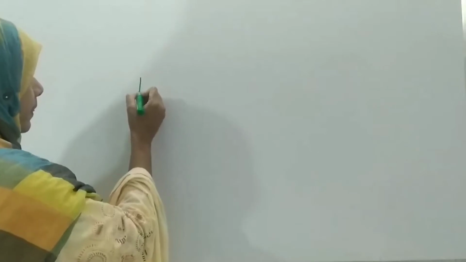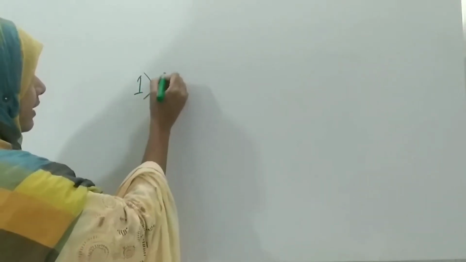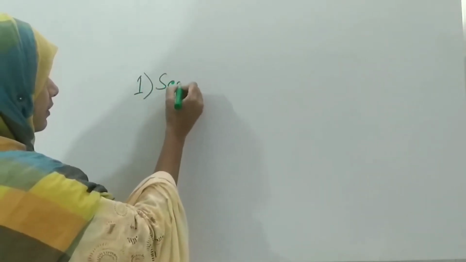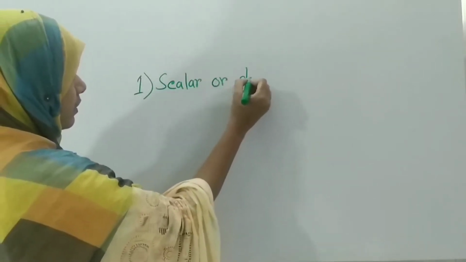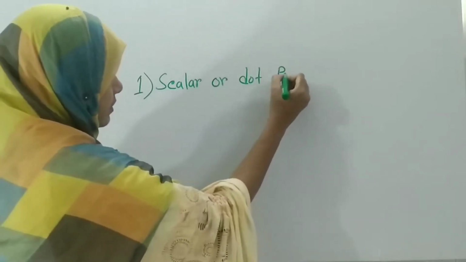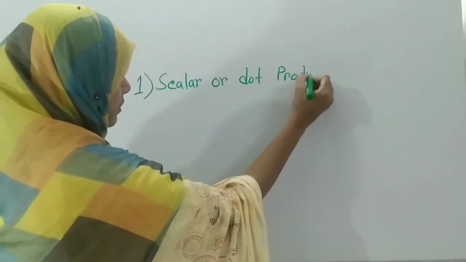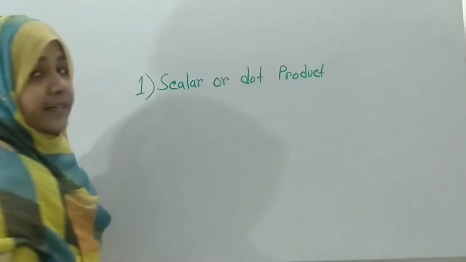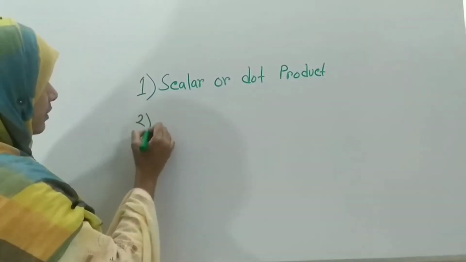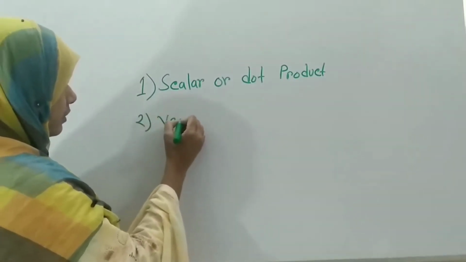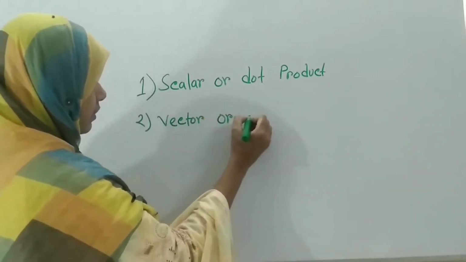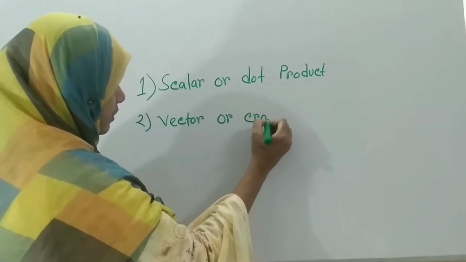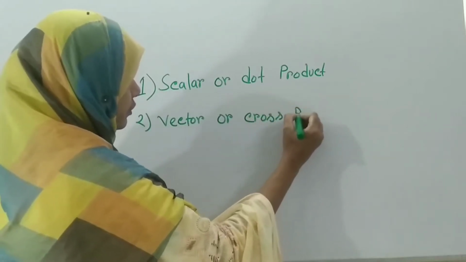Number one is scalar or dot product. And number two is vector or cross product.